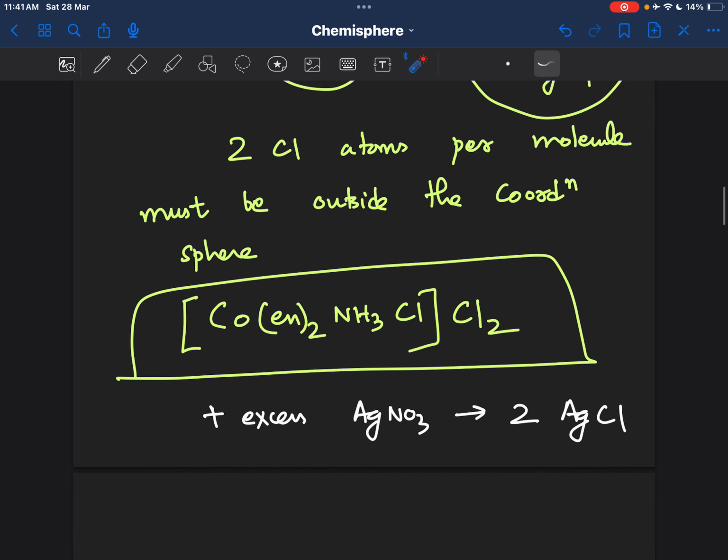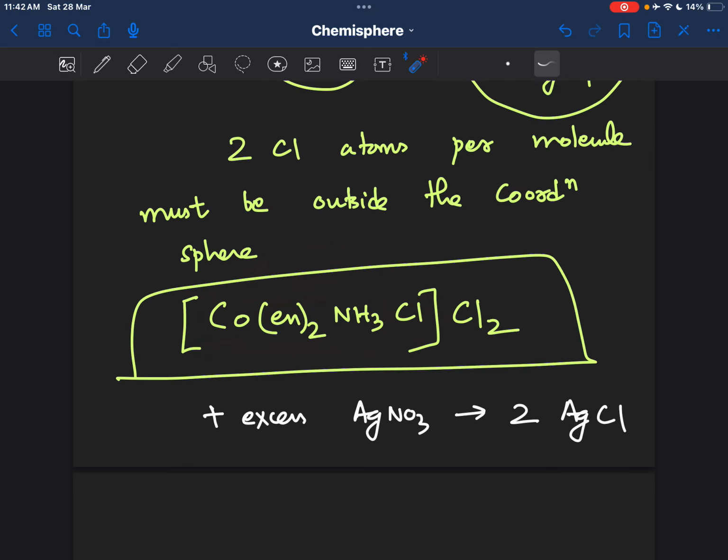To understand why two are outside, it's very important that the species present inside the coordination entity won't dissociate. The chlorine linked to the central metal atom by a coordination bond is not going to dissociate.